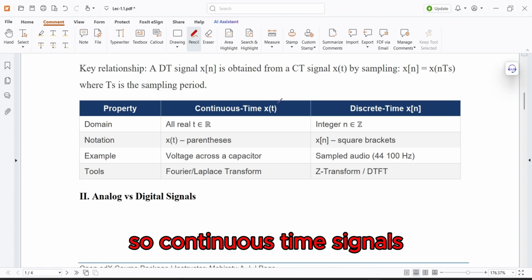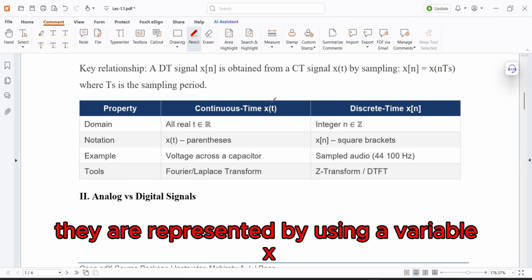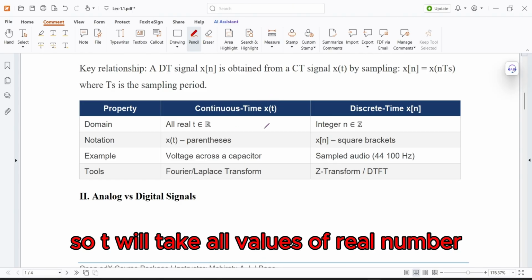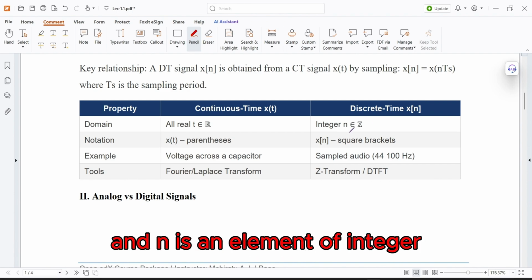Continuous time signals, as we noted previously, are represented by x of t, where t takes all real number values, while discrete time signals are denoted by x of n, and n is an element of the integers.